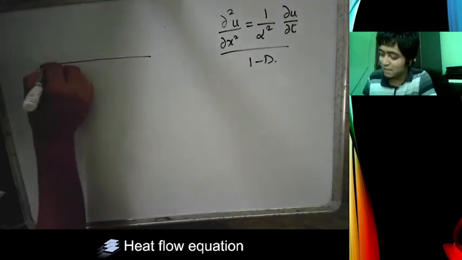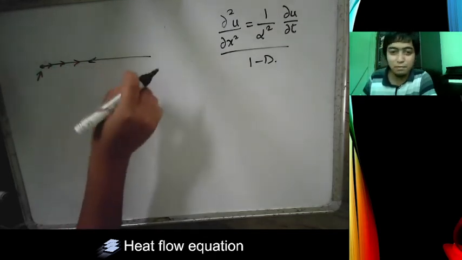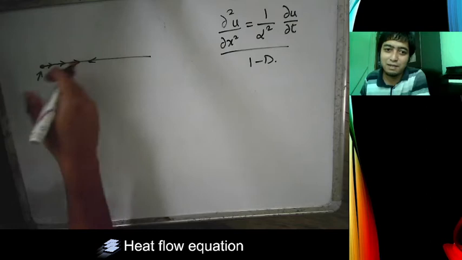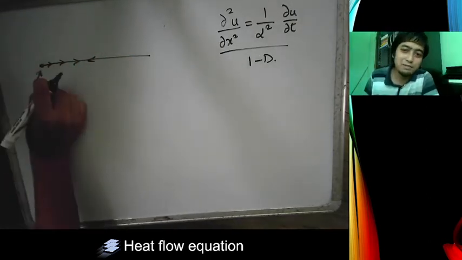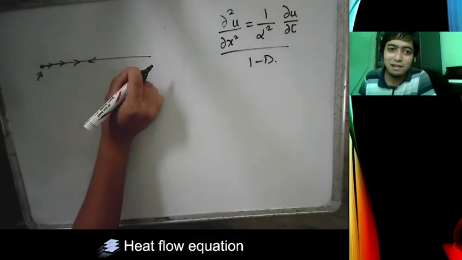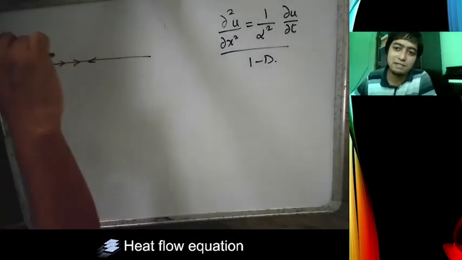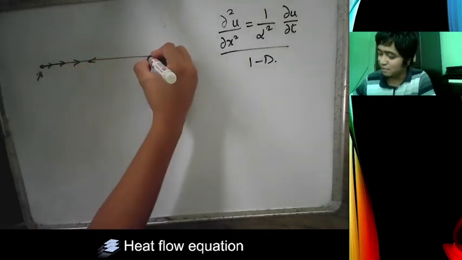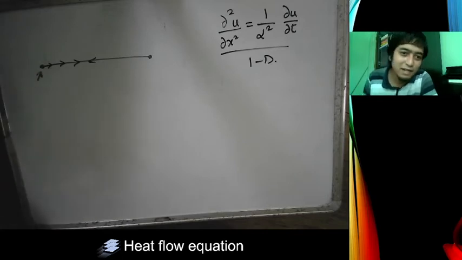So heat can only flow in this direction, or even from the other direction depending on the temperature difference. Here we are considering one-dimensional heat flow. When you have a long rod, where the diameter doesn't play too much of a role, this is an example of one-dimensional heat flow.